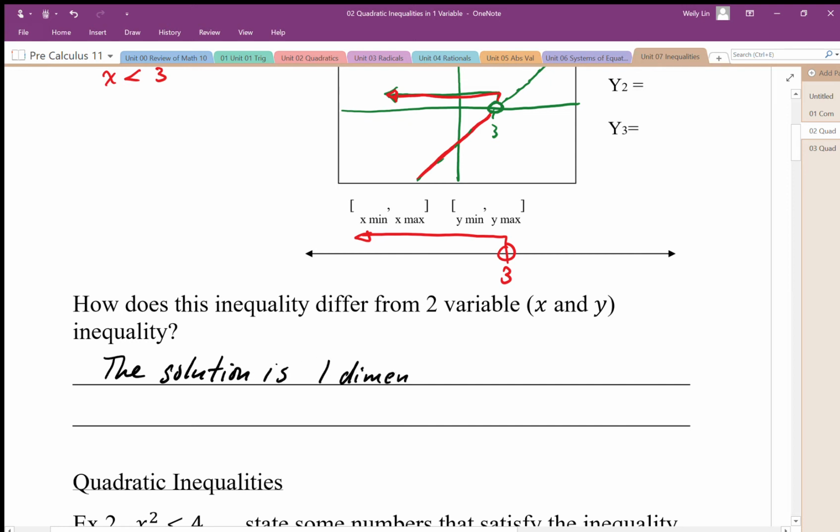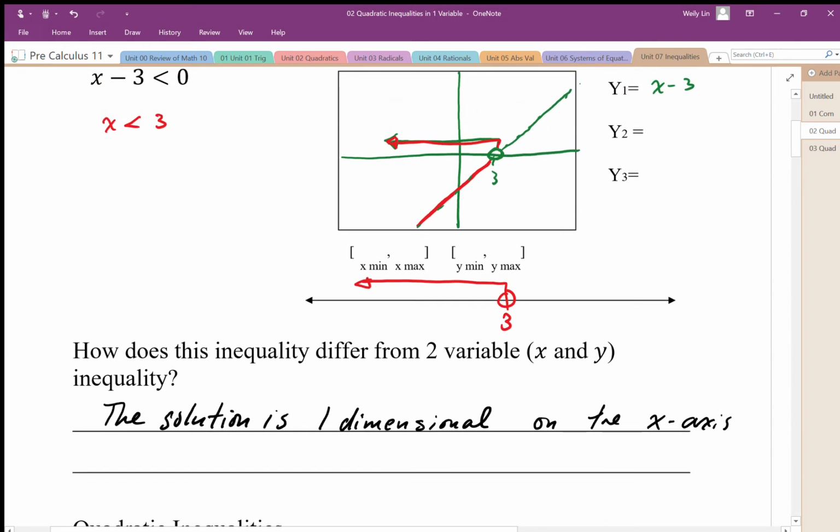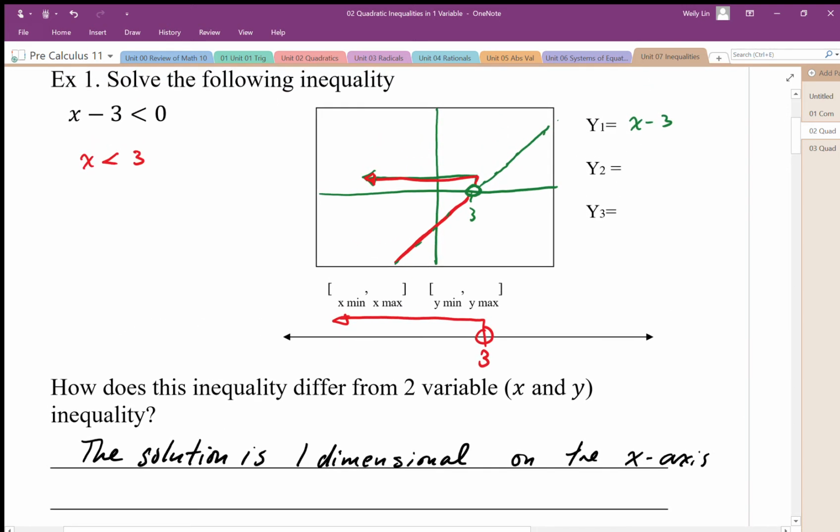Meaning it is on the line. On the x-axis. Okay, so the solution is along the x-axis. So this is a linear inequality of one variable. Okay, and we have a one-dimensional solution.